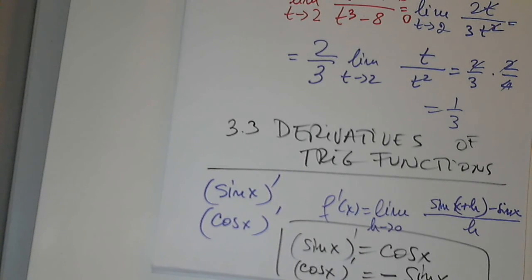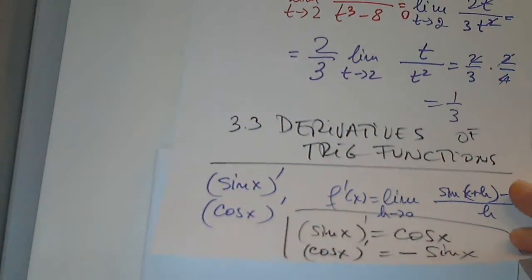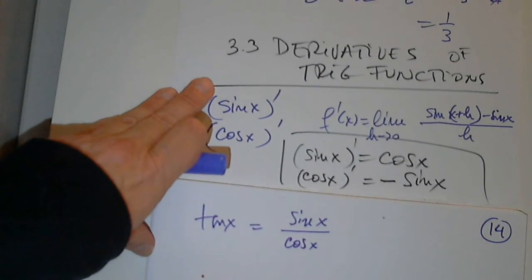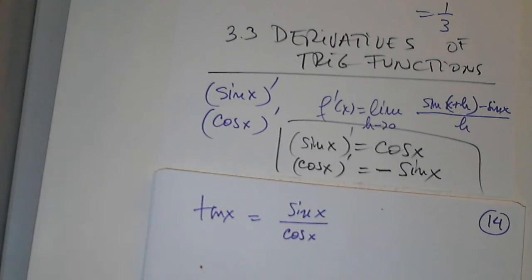Now the rest, tangent, cotangent, secant, cosecant, let's determine them because we can. That's the easy part. So I will write tangent x as sine x over cosine x. And in order to determine tangent prime, we're going to differentiate sine x over cosine x. This is not inside a limit, so please do not get confused on that.